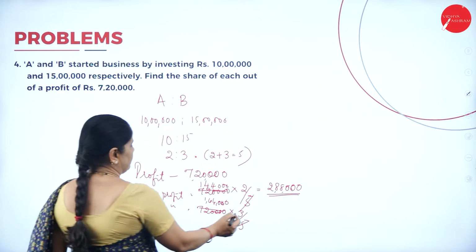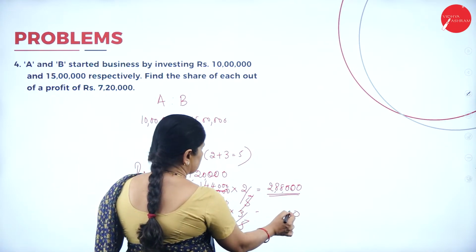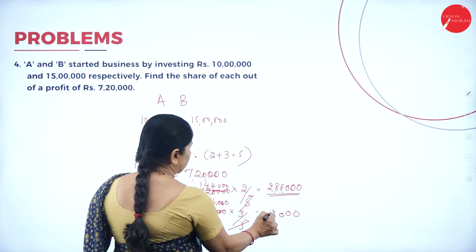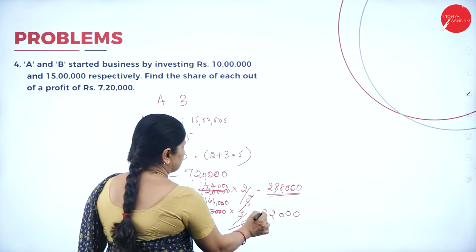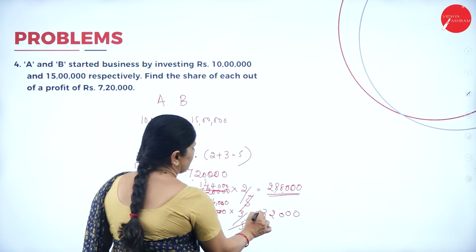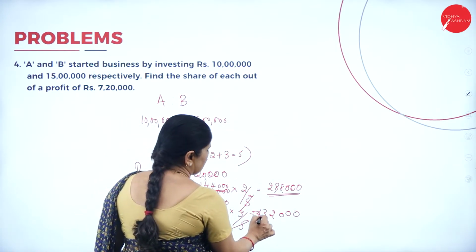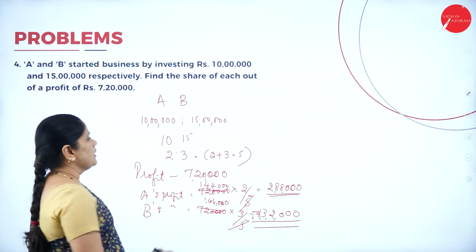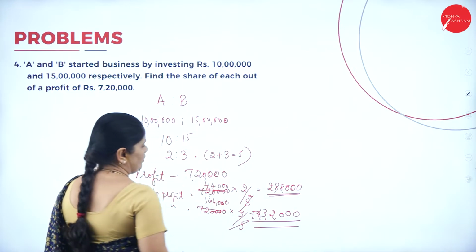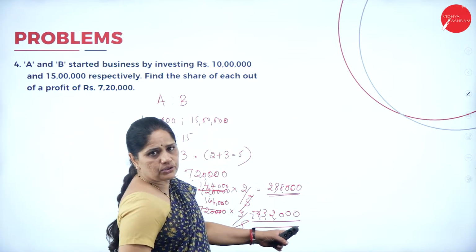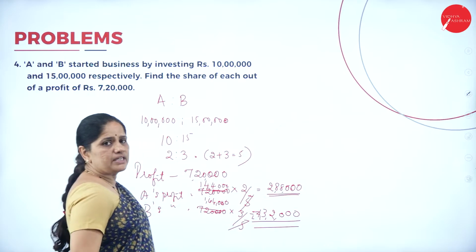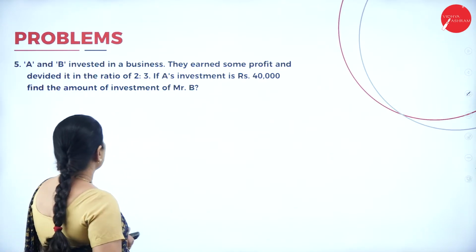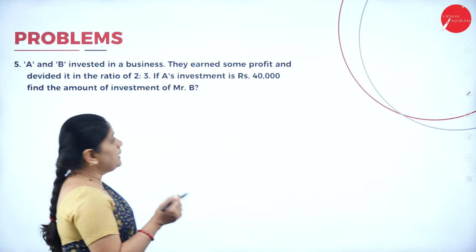When I multiply, this comes to 4,32,000. So this is the share of B. His share of profit is 4,32,000. Share of A's profit is 2,88,000.